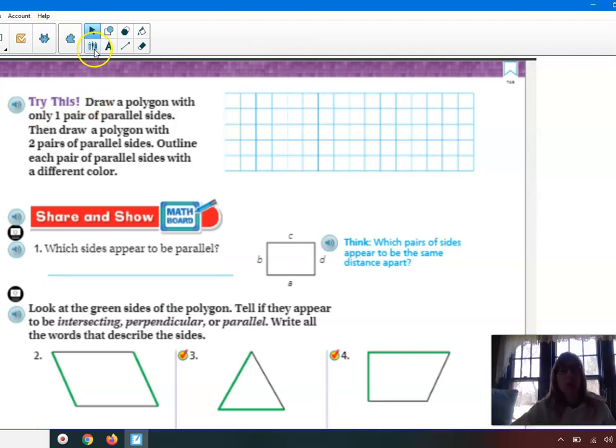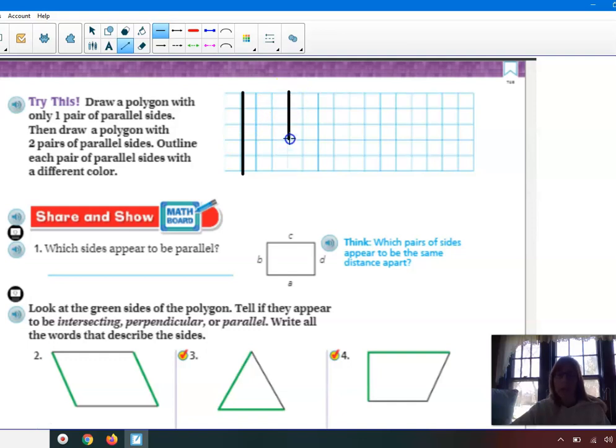So we are going to go over and let's see, give you a second to get a pen. I need to get something that's a straight line here. All right, so first one says draw a polygon with only one pair of parallel lines. So I'm going to start here at the top and I'm going to draw one here, and then I'm going to draw another one right here.